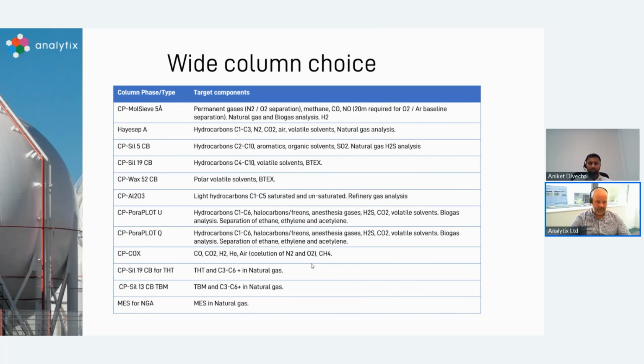So mainly CP-Molsieve, PoraPLOT U and Q to allow us to do the low hydrocarbons and CO2 and H2S are very popular configurations. But all of these options here are to be discussed individually on a customer basis to see what it is they would need and what's going to be the most flexible way of actually doing it, whether we can get it in 1 channel, 2 channel, 3 channel, 4 channel, etc. A huge choice for that.